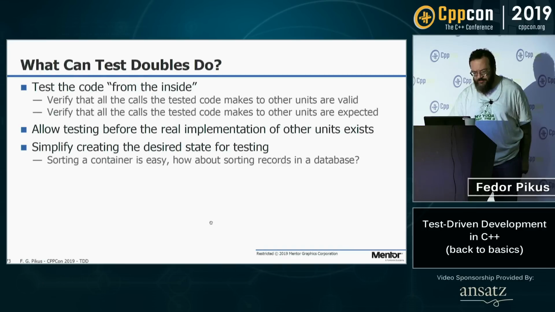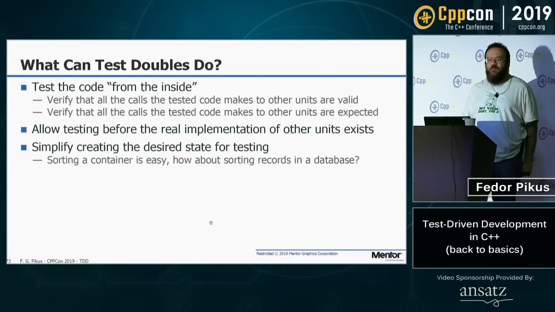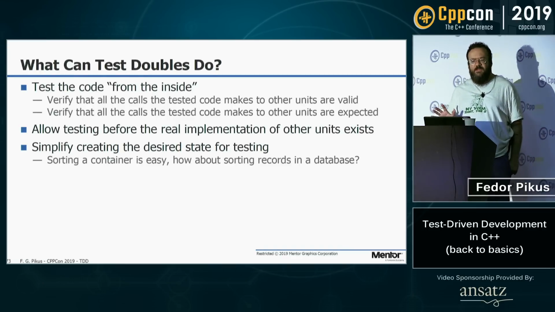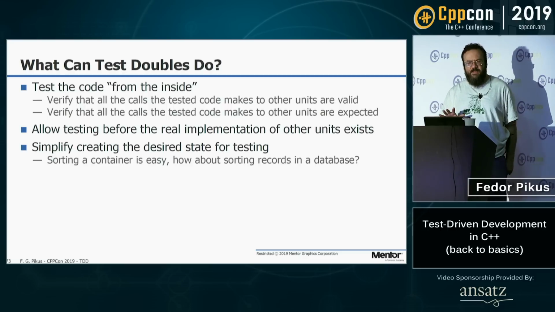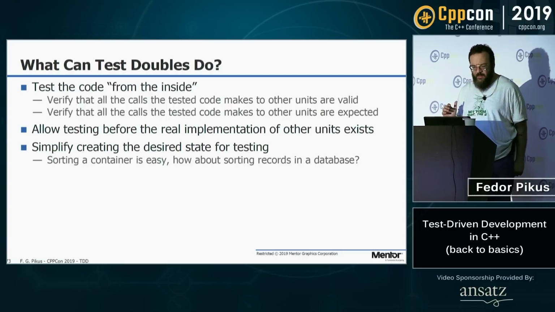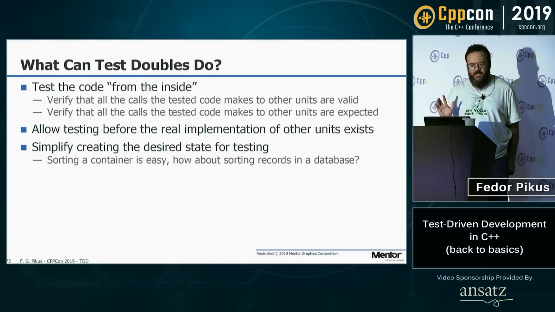So test doubles are usually used for testing the code from the inside. You verify that the code you're testing makes valid use of all the code that it depends on, which is just as important as that the code you're testing lets you make valid use of itself. There are other applications.